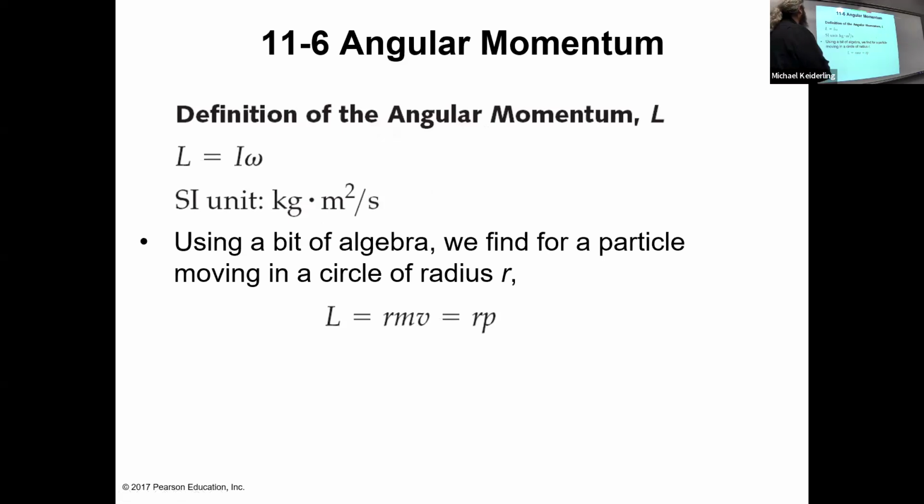So we were talking about angular momentum. Angular momentum is usually expressed as L, and it's moment of inertia times omega. And for a single particle, the angular momentum ends up being mass times velocity times radius, which is linear momentum times radius.